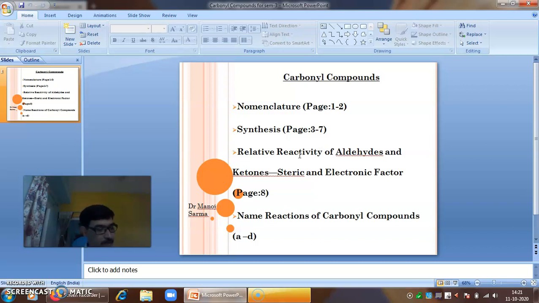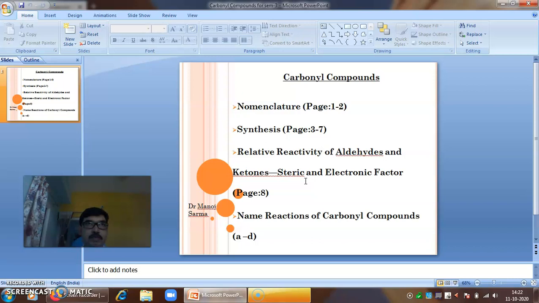Solubility. Regarding solubility, you have seen that where there is possibility of hydrogen bonding, the compound will be more soluble in water or aqueous medium. Although higher members are less soluble, because in higher members of aldehydes and ketones, in any organic compounds, higher members have more carbon, more the number of carbons.